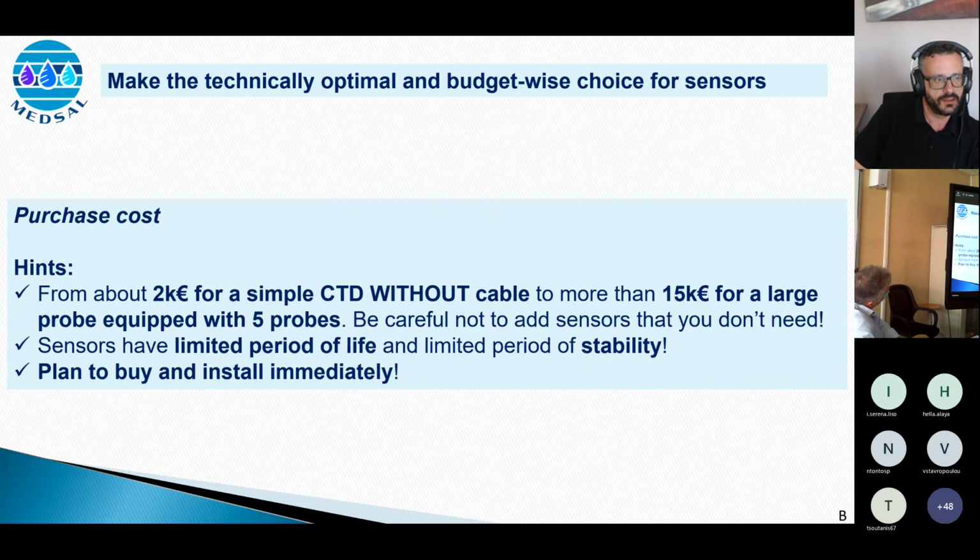So, some hints more. The CTD cost ranges between about 2,000 euros without any cables to more than 50,000 euros for a large probe equipped with 5 sensors, not probes as written here. So be careful not to add sensors that you don't need. You have to specify your monitoring targets and then come up with the requirements that your probes should have.